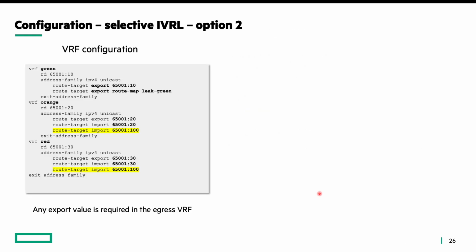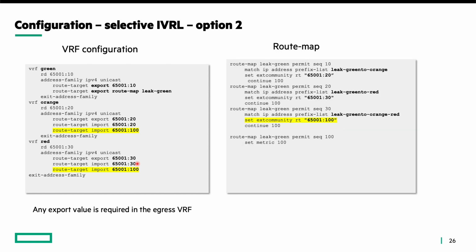So option 2, which can be a bit more elegant and a bit more scalable. Here you will define a route target value which will represent leaking for importing into orange and red. So here my 100 will identify ingress VRF orange and red, and they also have the unique VRF number, which is unique AS number, sorry, which is 20 and 30.